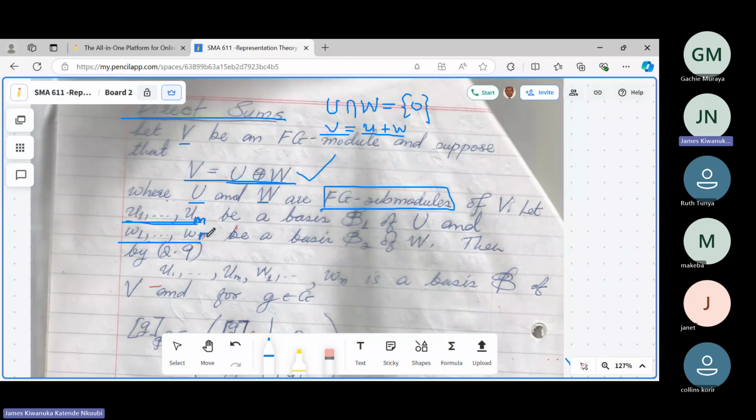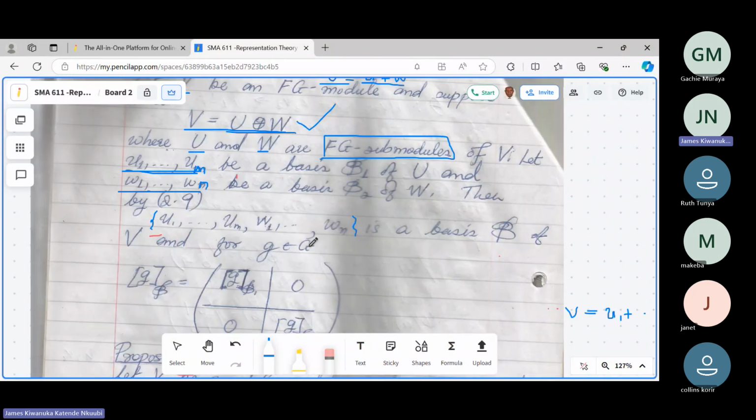If you combine these two bases together, they will form a basis for V, right? If you combine these two together, they will form a basis for V.